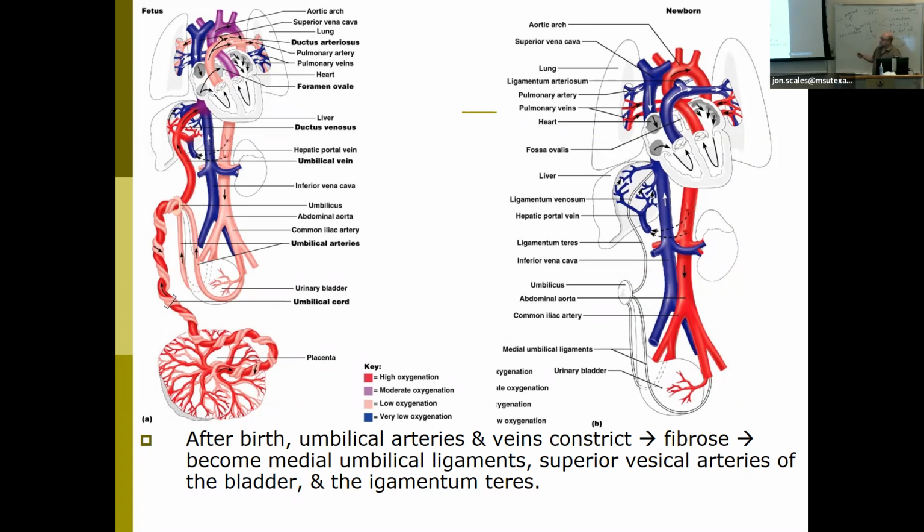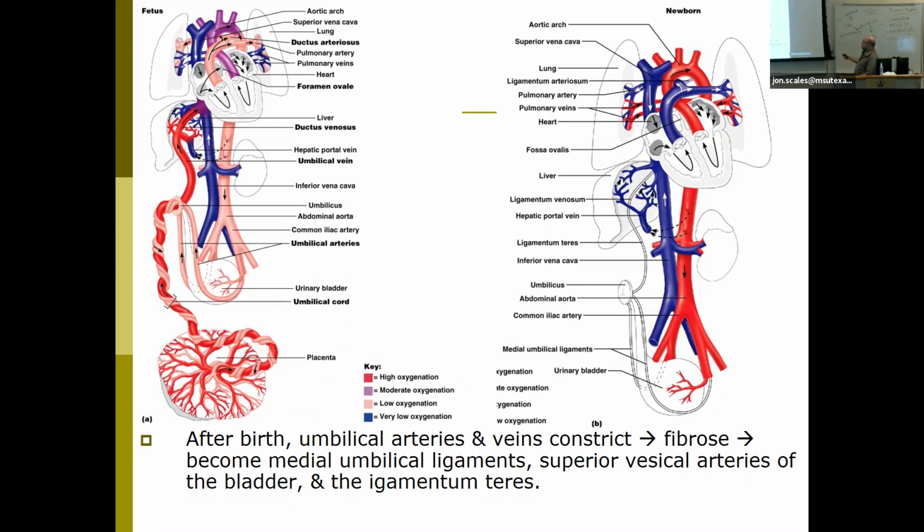So it constricts. Also, the band of muscle there is sensitive to oxytocin. And oxytocin is being highly secreted during the birthing process. And that helps to constrict all of these arteries and help to shunt blood flow away from them.